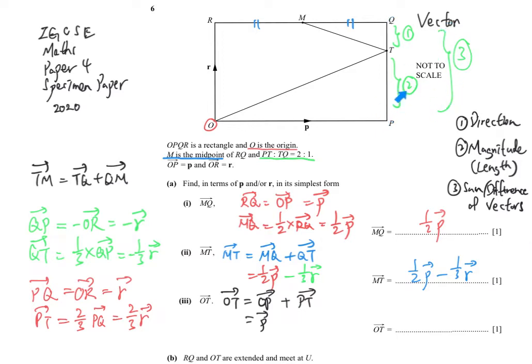So it's just 2 over 3 times the PQ. So 2 over 3 times r. So what we got here should be something like this. This is the answer for this part: p plus 2/3 r.